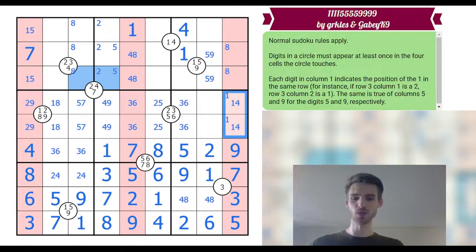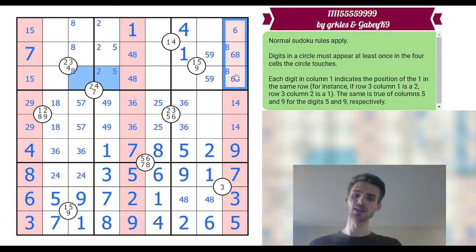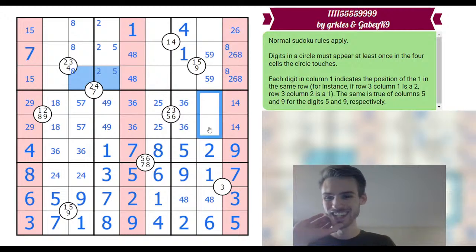This is a 1-4. So up here we need 8, 6, and 2. Interesting. I don't see how any of that is resolved. So this better do something. This is an 8 and a 7.